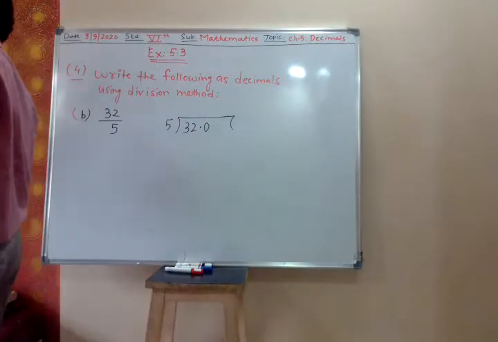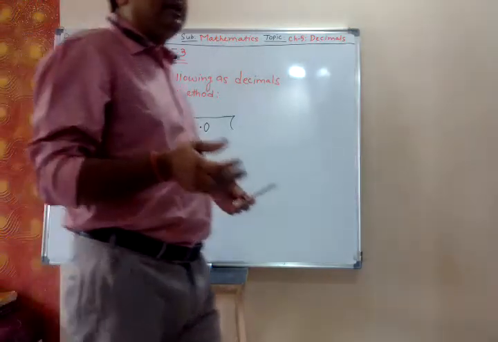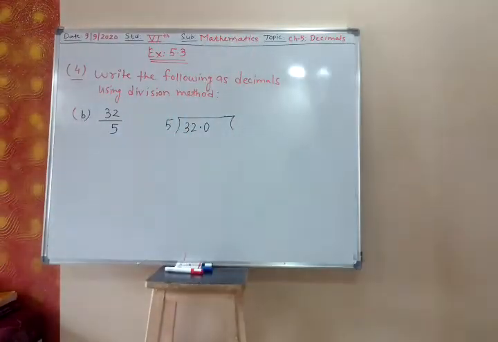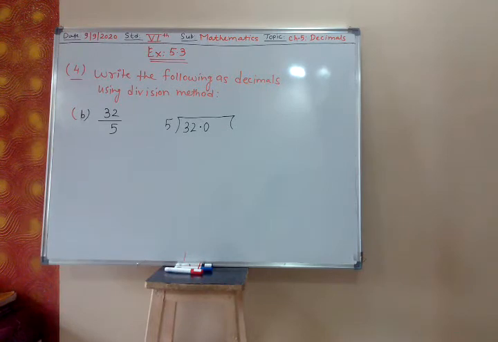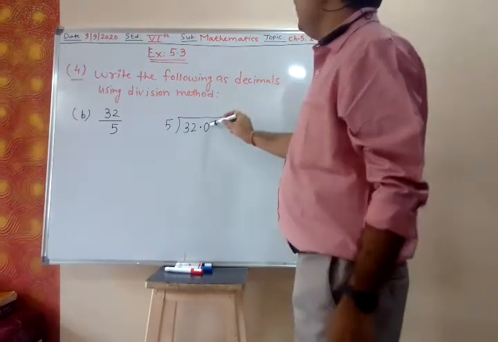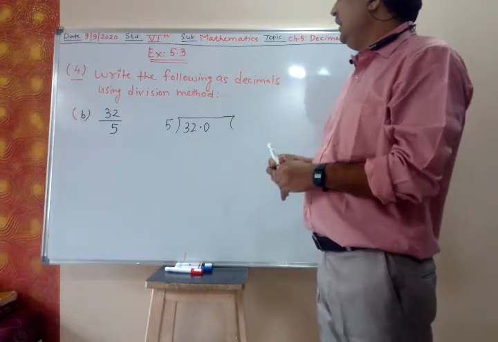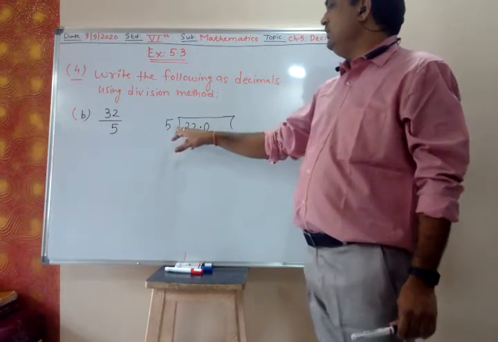We can write as many 0s as we want, but where? To the right of the decimal, we can add as many 0s. So let us add the first 0 and do the division.